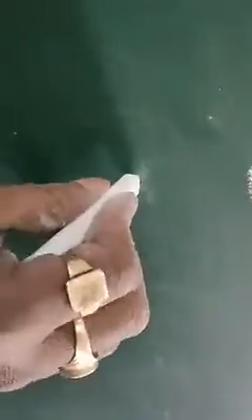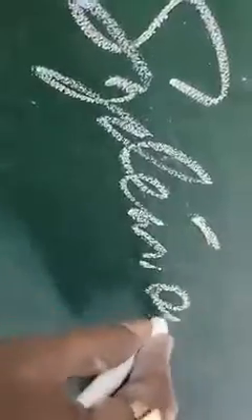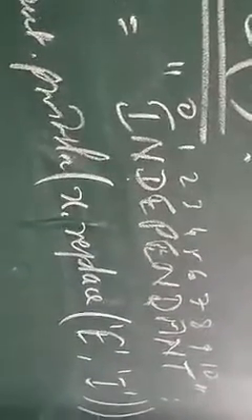If I write System.out.println, x.replace, and within the brackets the old character E and the new character I, that means wherever there is E in the word independent will be replaced by I. As a result, the answer will be I N D I P I N D A N D. That means wherever there is E, it is replaced by I.